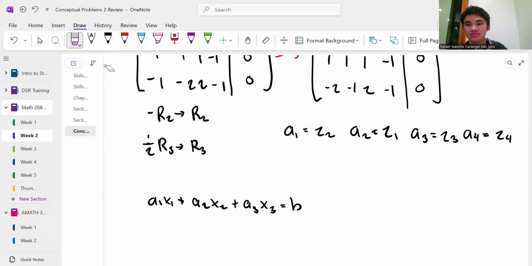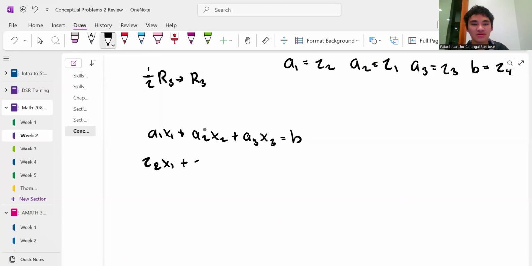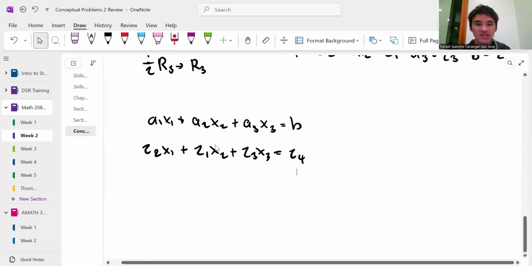I meant b. Okay. So here we can just rewrite this as z sub 2 x sub 1, z sub 1 x sub 2, z sub 3 x sub 3 is equal to z sub 4. And what's that going to look like?